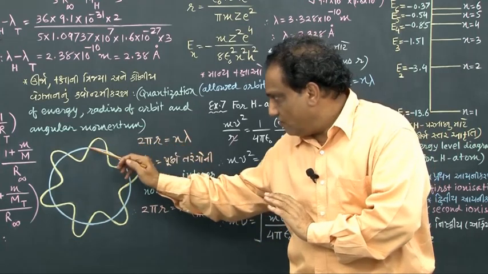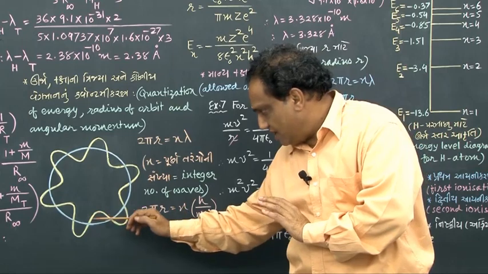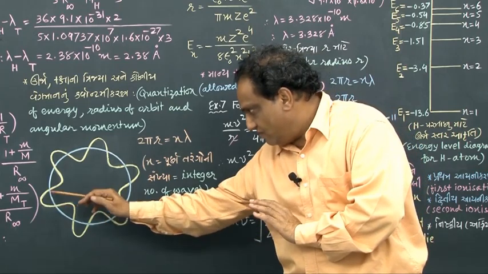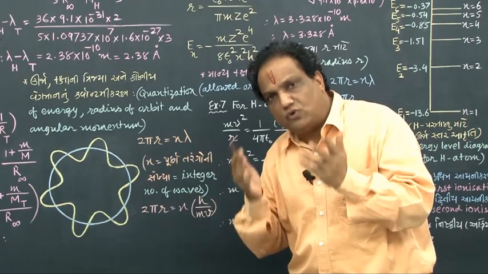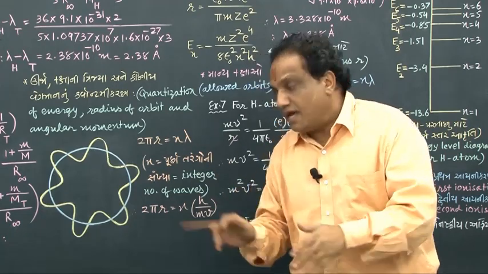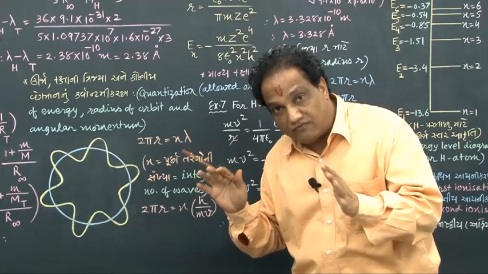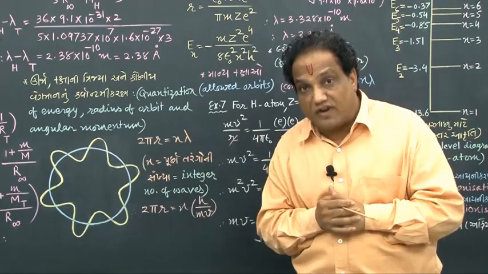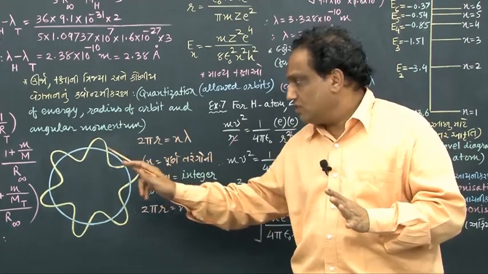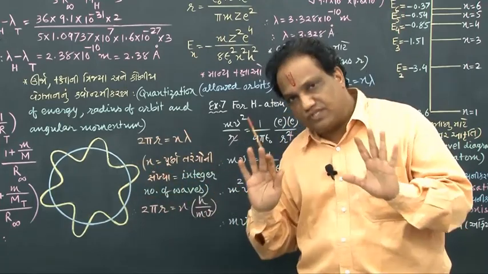Look here. 1, 2, 3, 4, 5, 6. Not necessary that you also must draw the figure and you also must show only 6 number of integer waves. Not necessary. Depending upon different states of electron, you may show a different number of integer waves. No problem. Here I have shown 6 number of waves.